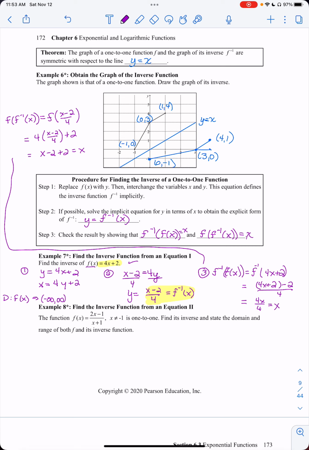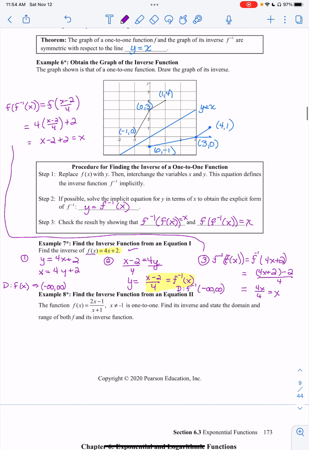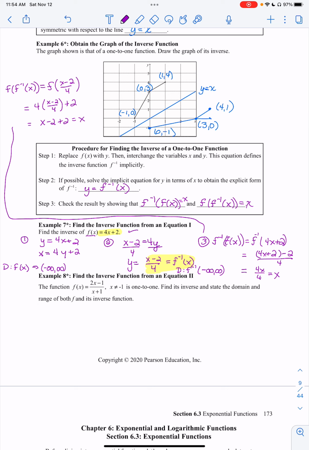And the domain of inverse f is also all reals, so negative infinity to infinity. So we're good. We don't have any limitations there. All right. So if we want to find, let's say, a function where we have an inverse and the domain is somewhat limited, we have to be a little bit more careful.